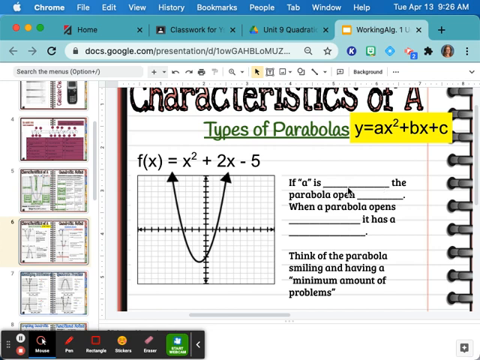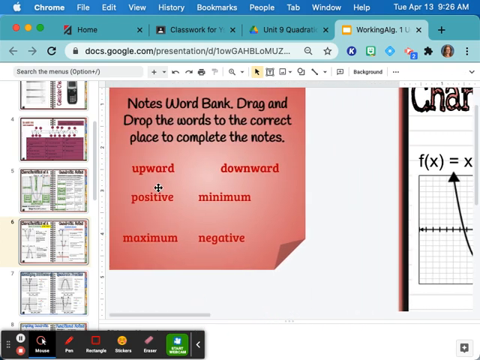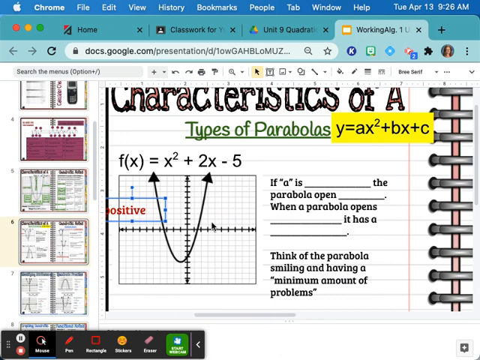So if a is, we're going to be more general about it and just say is positive. So grab the positive text box. If a is positive, the parabola opens what way? Upward, yeah.